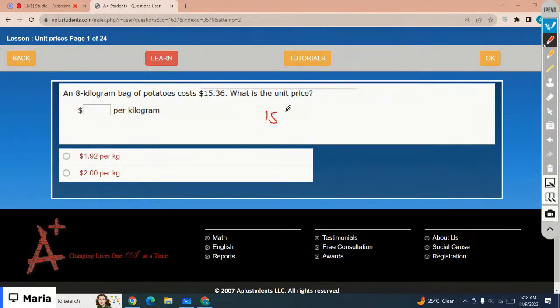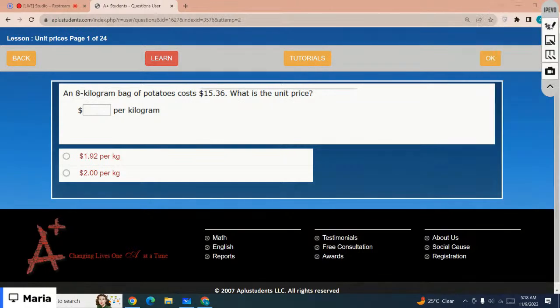So you have to divide the total cost by the total weight, 15.36 divided by 8, that is $1.92 per kg. Option number 1 is the correct option.